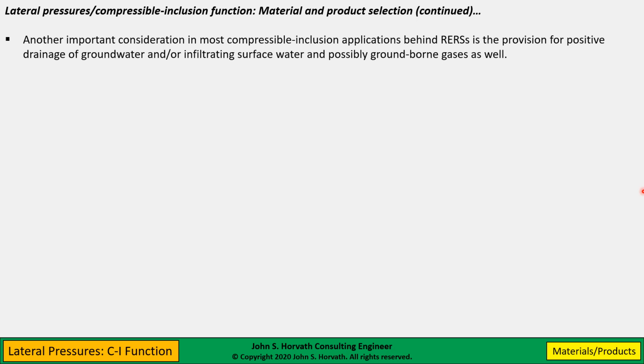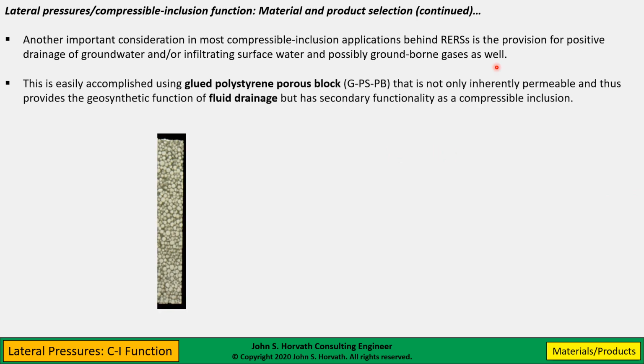Just to wrap up discussion, as I've said throughout this segment, in most applications, we want to provide for positive drainage of groundwater or infiltrating surface water, or possibly ground-borne gases as well. The ground-borne gas is a particular issue in some places adjacent to, say, basement walls of buildings.